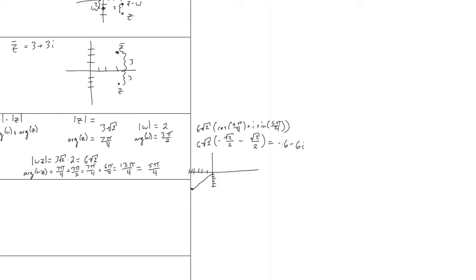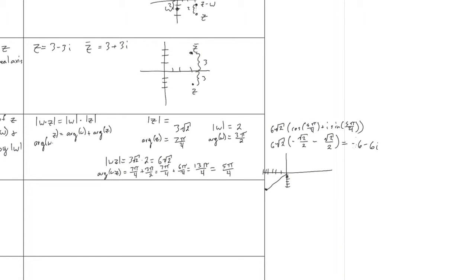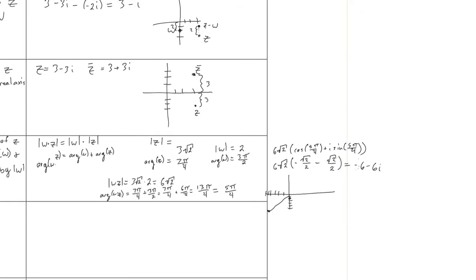That one will be the W, and the other one will be the Z. 1, 2, 3. 1, 2, 3. Ooh, that is so not accurate. There we go. So once I take that, multiply by that, I can come over here.